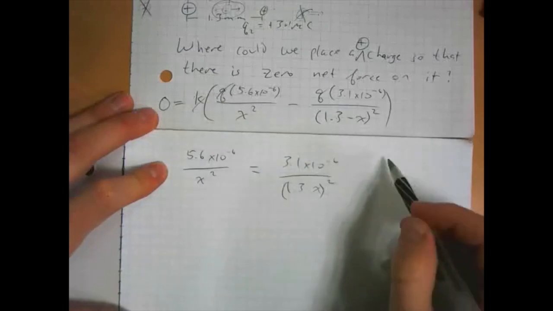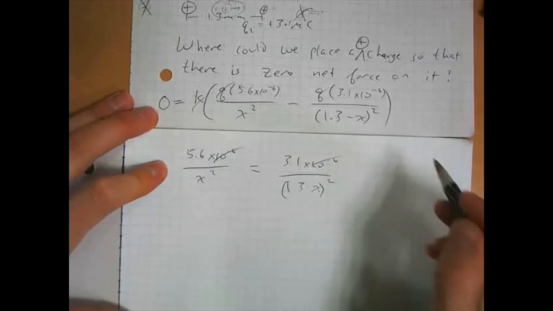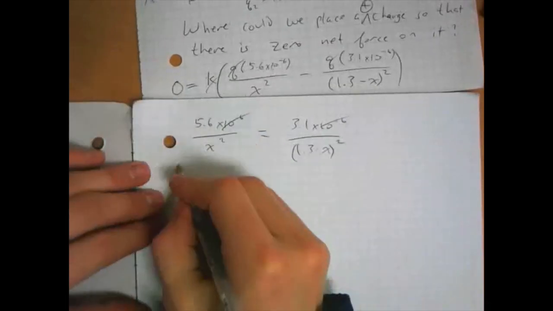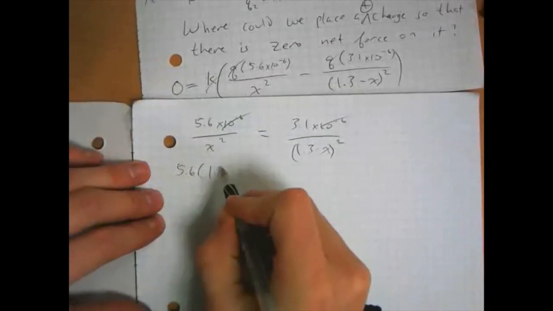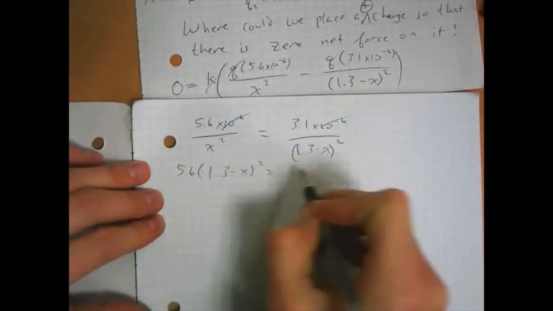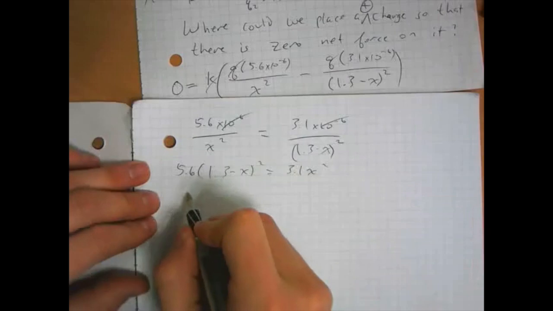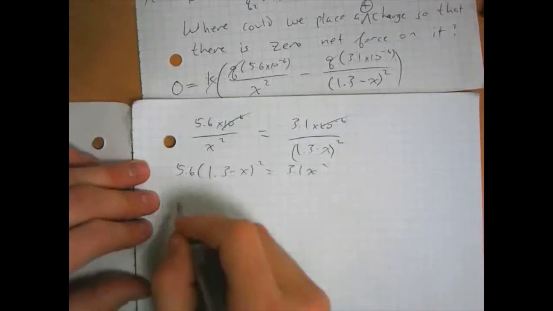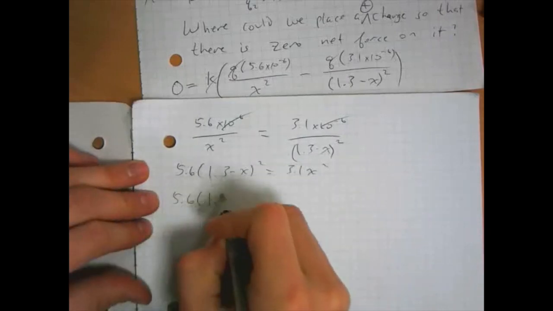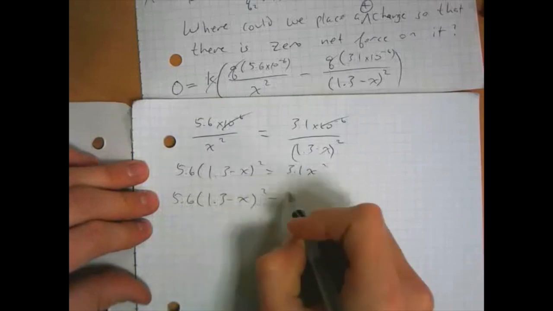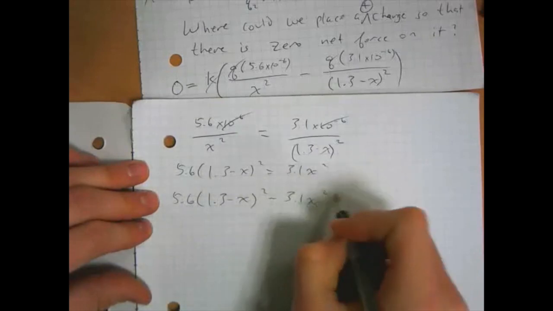We can get rid of the 10 to the minus 6, and then cross multiply. 5.6 times 1.3 minus X squared equals 3.1 X squared. I guess we could distribute, but at this point, I would just go ahead and punch it into your calculator.